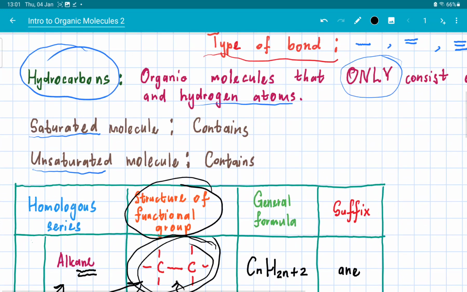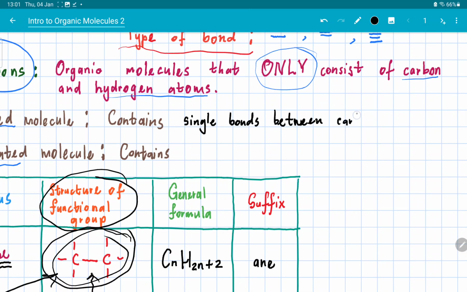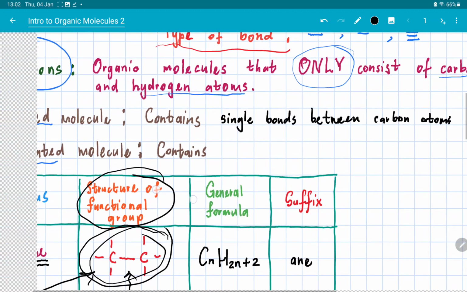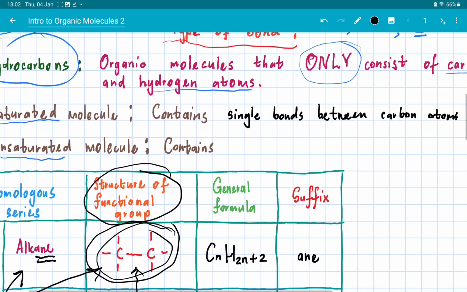So basically, in organic chemistry, saturated means it contains single bonds between carbon atoms. Then if it has a double bond or a triple bond, we say it's unsaturated.